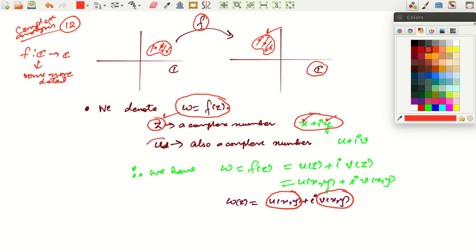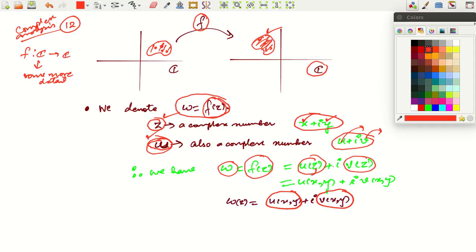Similarly, w is again a complex number because the range is also a set in the complex plane. Therefore w, which is the element assumed by f at the value z, is again a complex number. So I can write it as u + iv, where u is the real part of w and v is the imaginary part of w. So w = f(z) can be written as u(z) + i v(z).